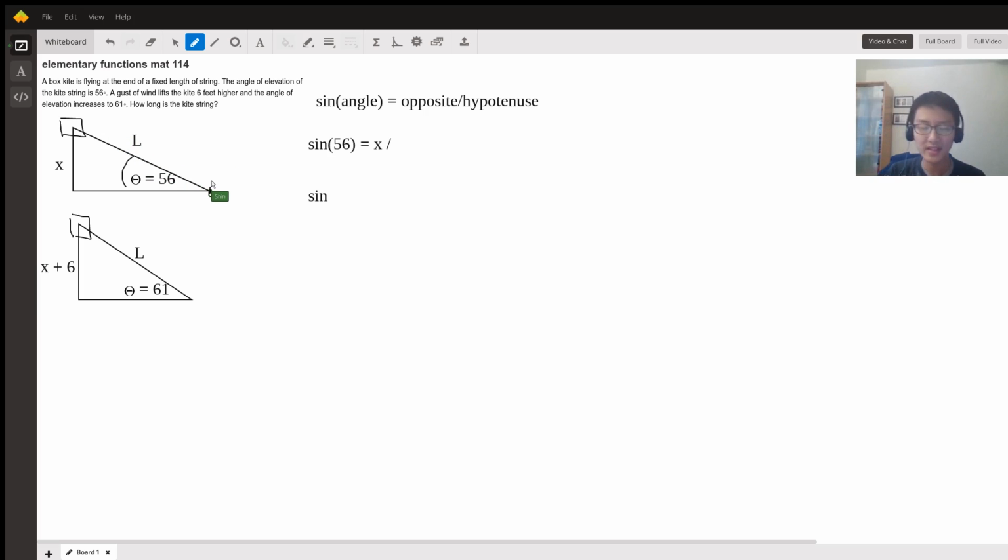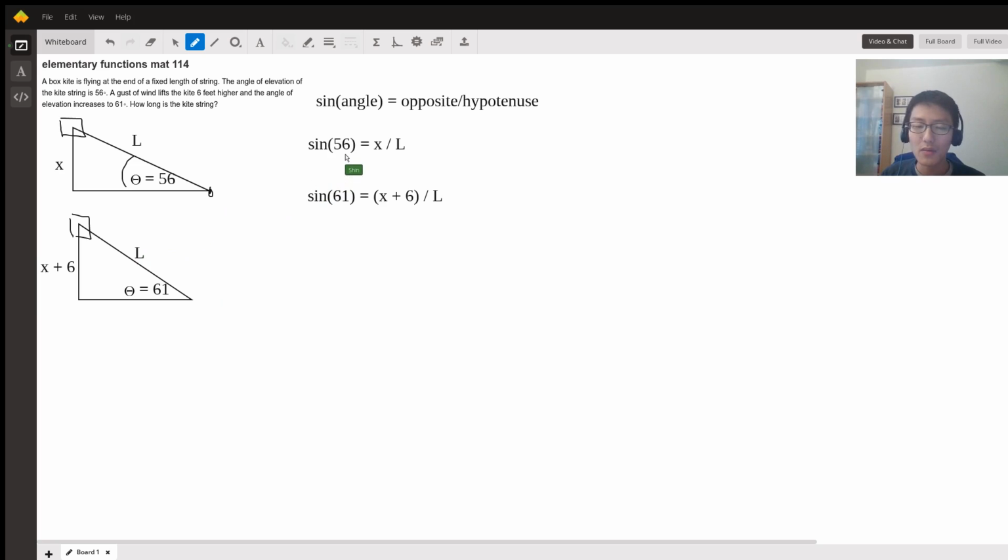The hypotenuse is L. Now if you look at the second triangle, sine of 61 is equal to the opposite of this angle, which is x plus 6, divided by the length L. And notice that the length of the kite string did not change.